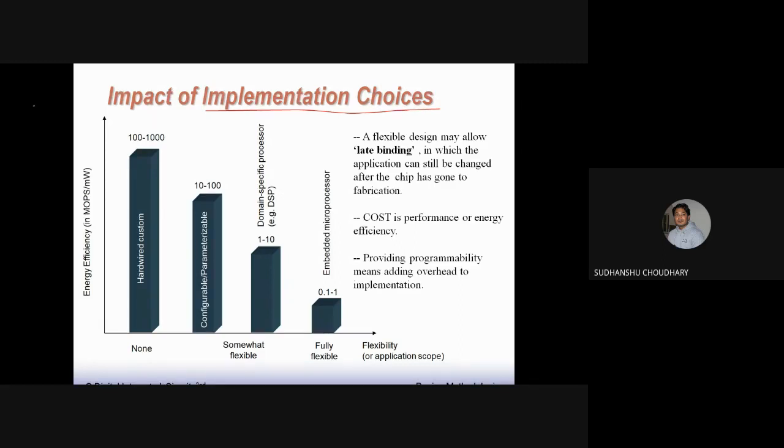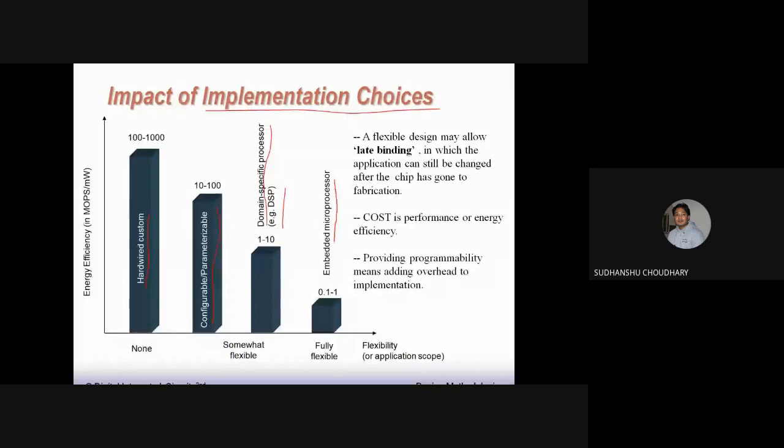Now, based on the chip functionality, one can choose either a hardwired or custom design methodology, or a configurable or parameterizable design methodology, or maybe a domain specific or application specific methodology, okay? Or maybe a mixture of all these three, right?